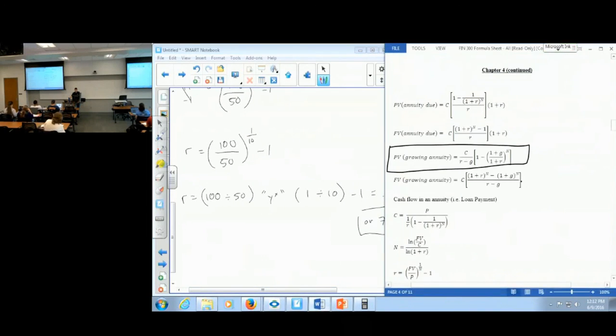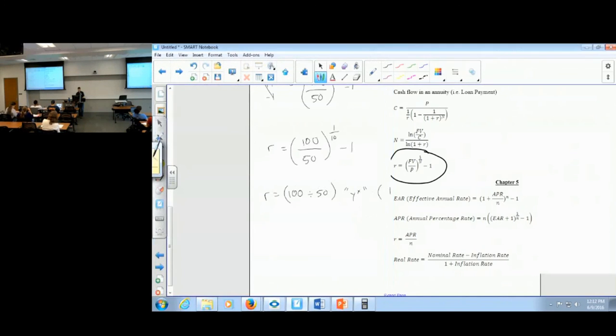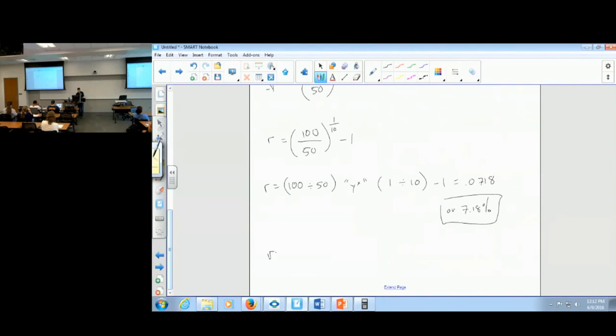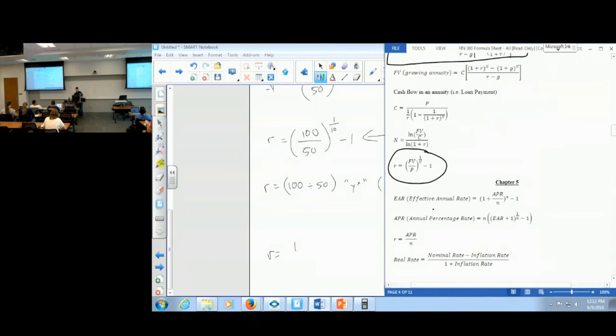Okay, and I think we did, let me look on here, we ended up adding this stuff. Yeah, we did. So on your formula sheet, you actually have that thing solved for R for you. Right there. Alright, if we go back and look at what we've done, that R is actually your future value divided by the present value, raised to the 1 over n minus 1. That's what you got.